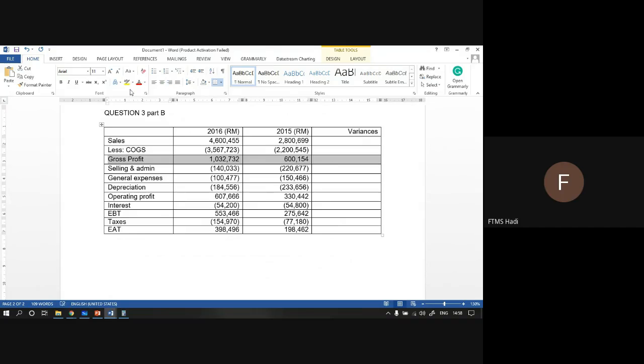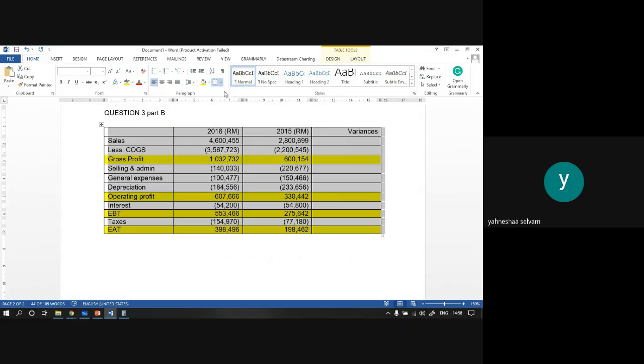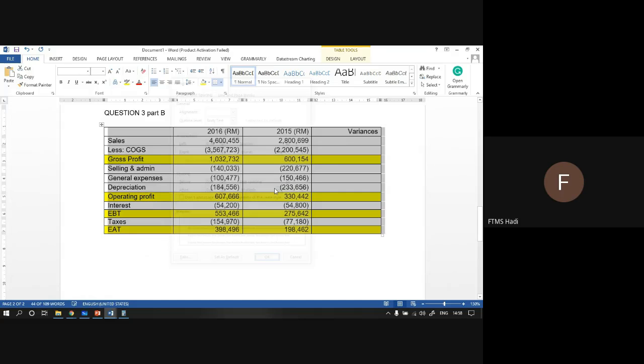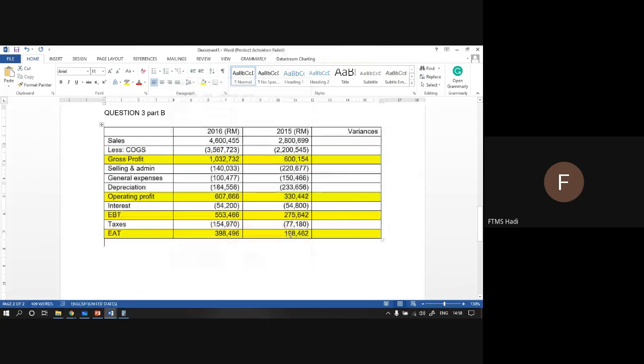I highlighted this one. Yellow means you don't have to calculate the variances. A student points out that in the example they calculated the earnings after taxes.